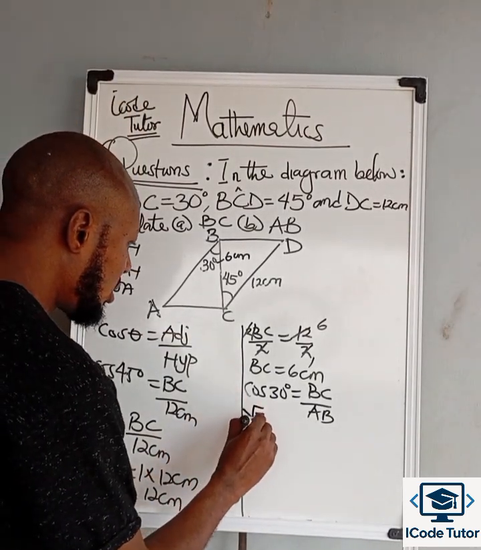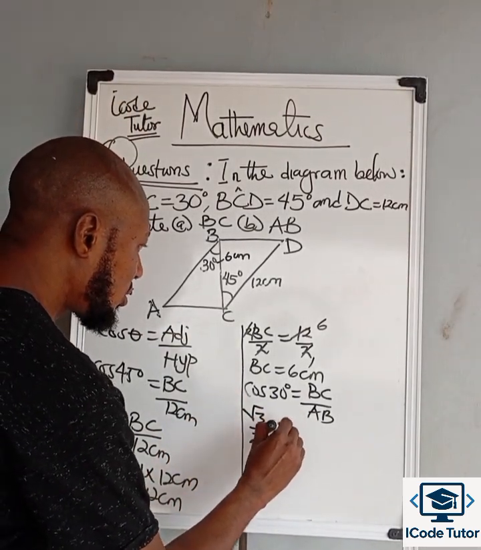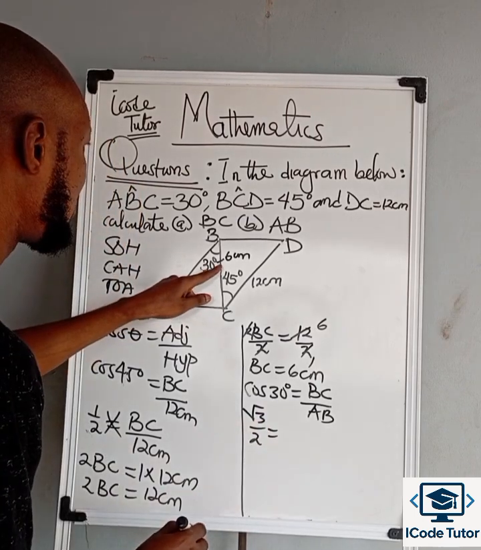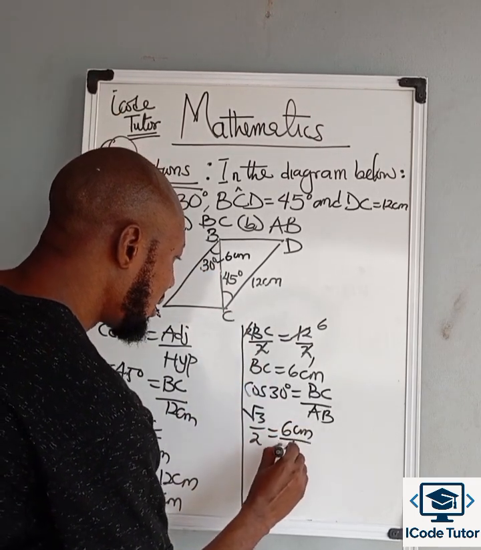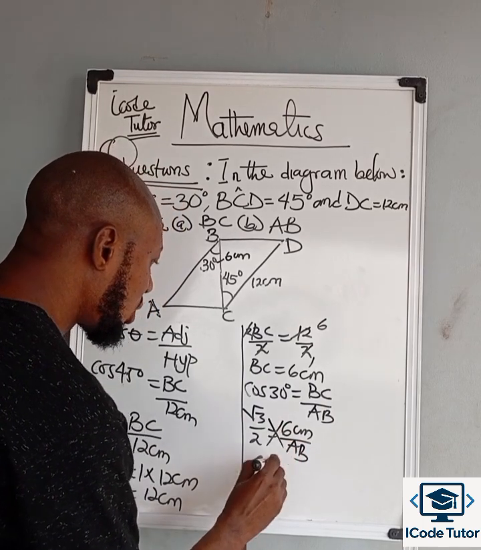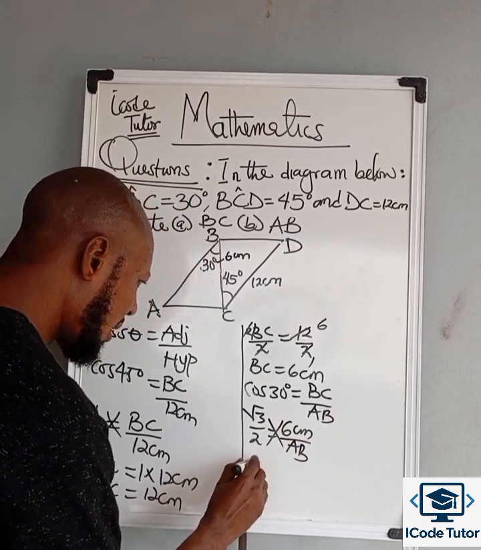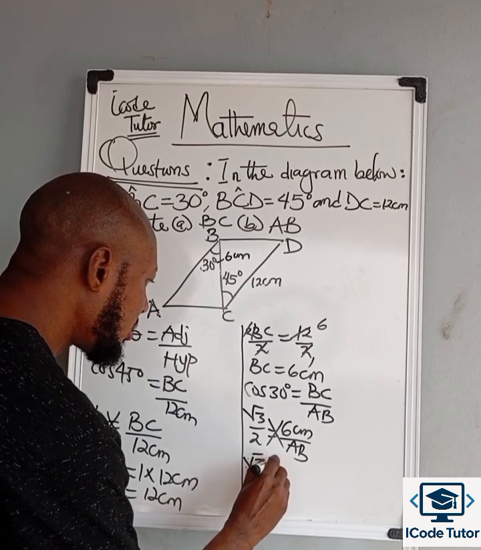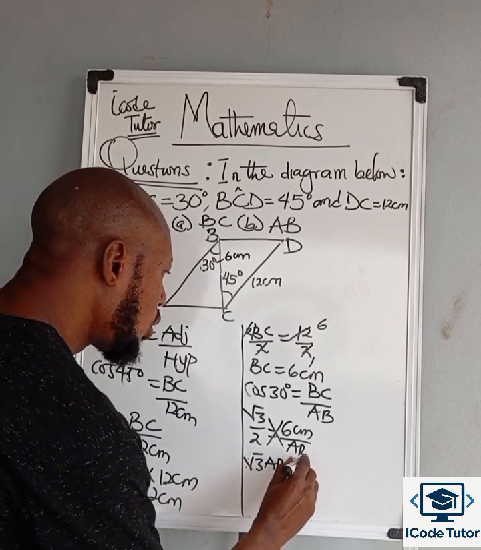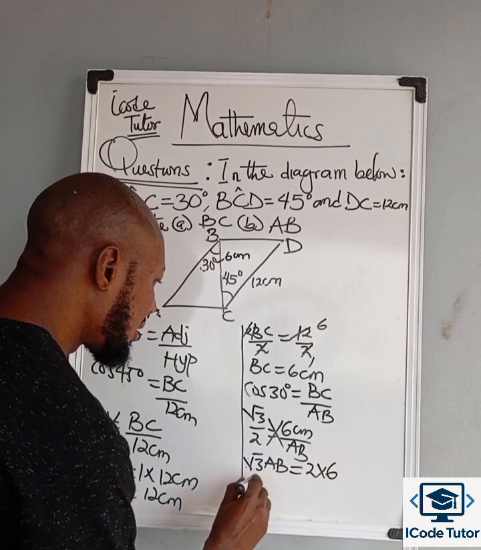That's root 3 over 2 equals BC, which is 6 centimeter, divided by AB. Let's cross multiply. That's root 3 AB equals 2 multiplied by 6.